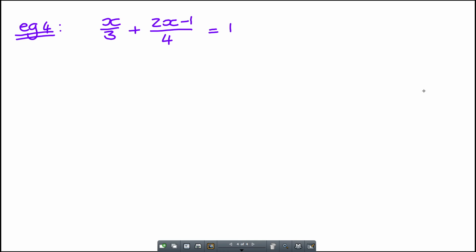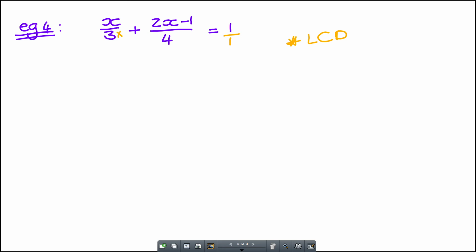Okay, so we've got to look for the lowest common denominator. What's my denominator here? It's actually over 1. Okay, so look at my denominators, 3, 4, and 1. So what would a common denominator be? 12. No.